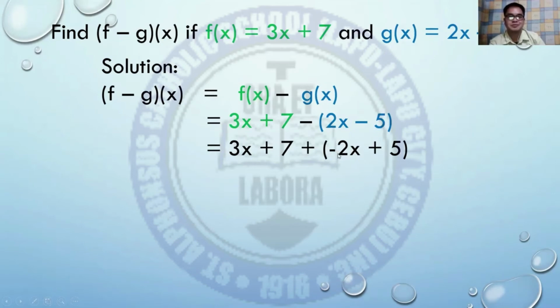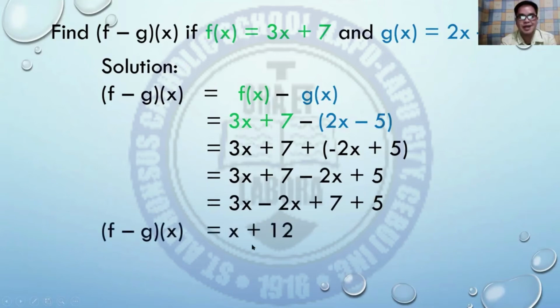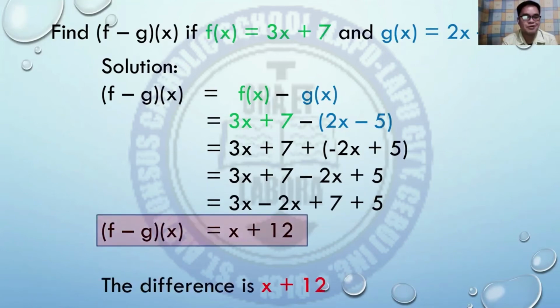So from 2x it will become negative 2x, and from minus 5 it will become plus 5. Arrange them according to similar terms and then combine them, and the answer would be x plus 12. Therefore, the difference of the two functions is x plus 12.